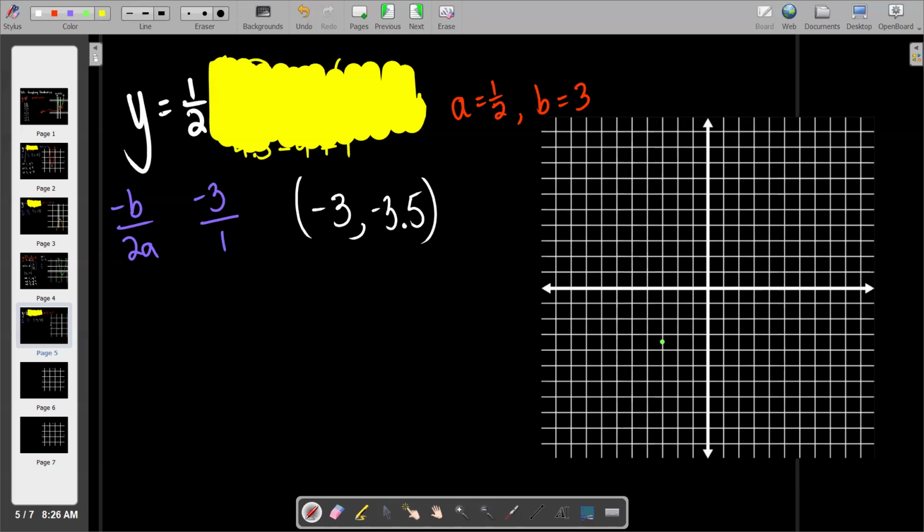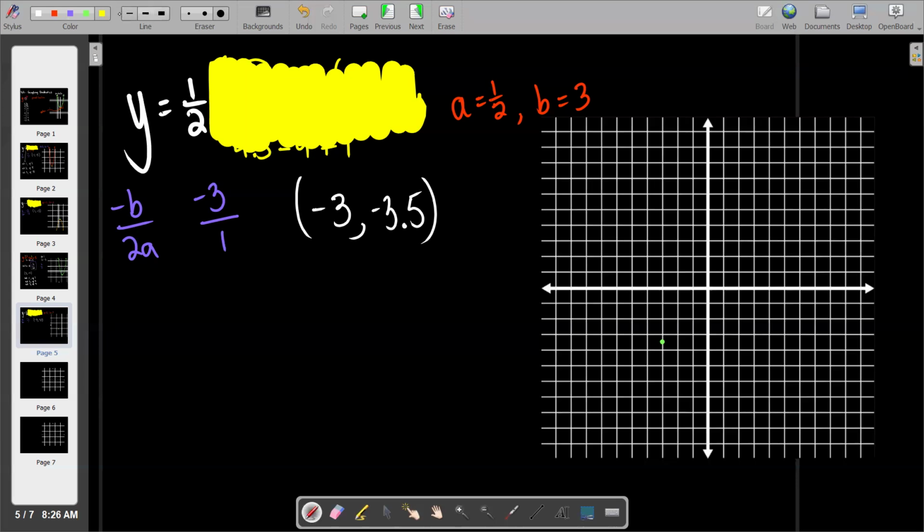It makes it wider, and the reason is because it takes all of your y values and cuts them in half. So the normal things we would do, we're going to do half as much. We're still going to go out 1, but when we go up, we're not going to go up the full 1. What are we going to go up? Half of 1, which is a half.